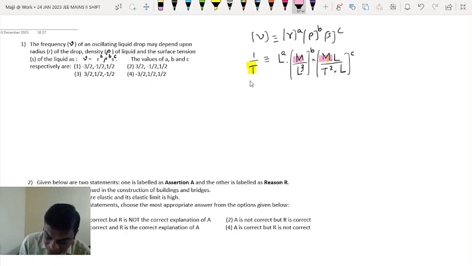Second thing, you can see that T is in the denominator on the left hand side. The right hand side also has T in the denominator, provided C is positive.